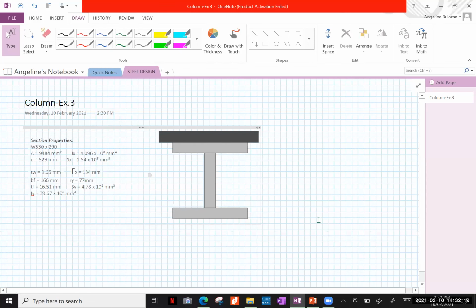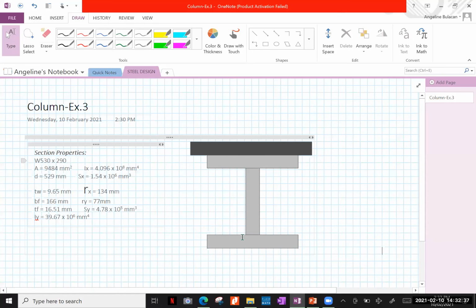So, here, kung mapapansin nyo, no, dun sa section properties, binigay naman yung Rx. So, anong gagawin natin? Now, yung Rx na given, tsaka Ry, itong dalawa. These are for the W530 and 290 alone.